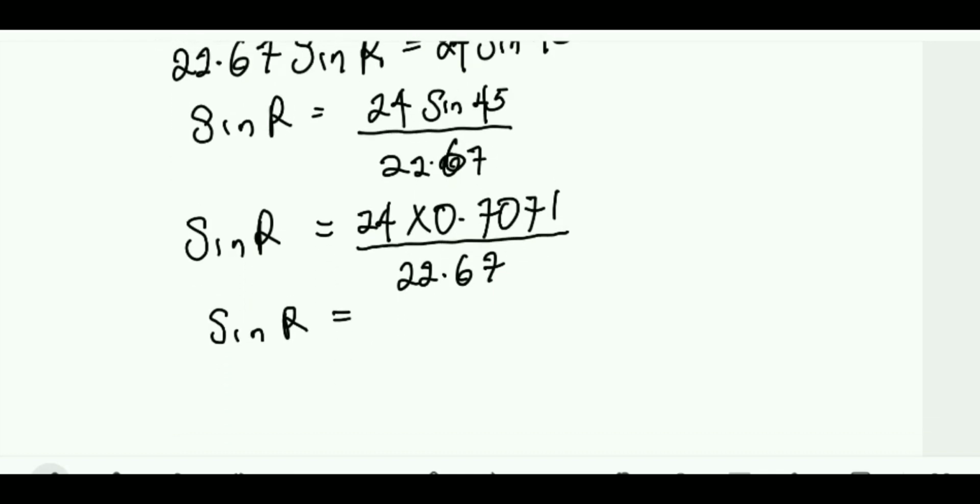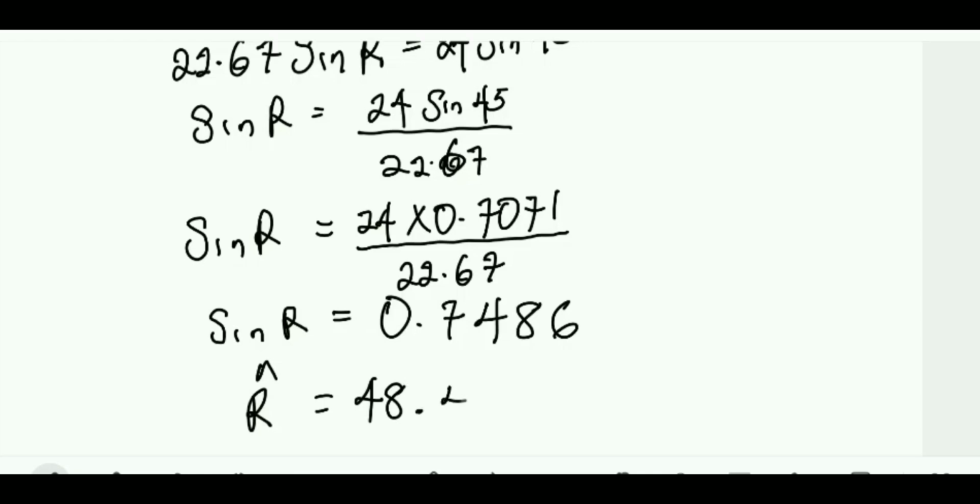Sine R is equal to 24 times 0.7071 divided by 22.67, and so this is 0.7486. So the value of R, let's find the sine inverse of 0.7486, and that is 48.47 degrees. So R is 48.47 degrees.